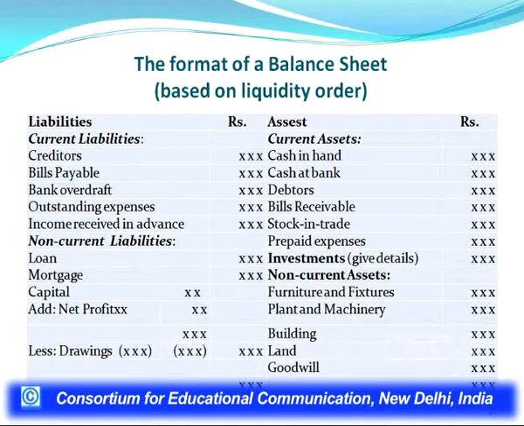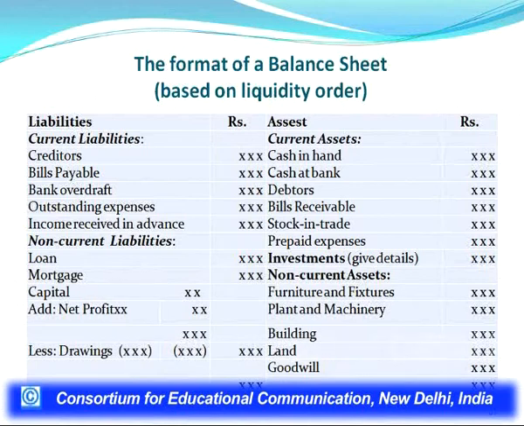Income received in advance is comparatively less liquid because we are not expected to pay it immediately. We will provide some services against this income. Non-current liabilities: loan, mortgage, then owner's funds, capital, then we add the net profit to this, and if there is a net loss it will be deducted, and if the drawings are given they will also be deducted. So, this is the format of a balance sheet based on liquidity order.